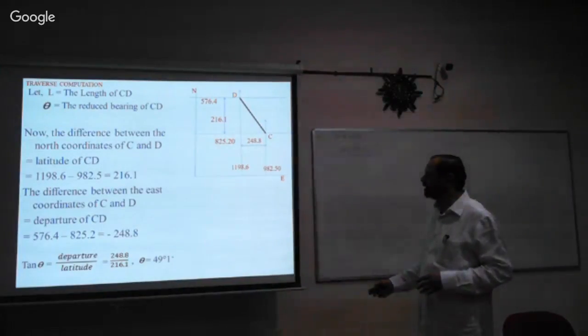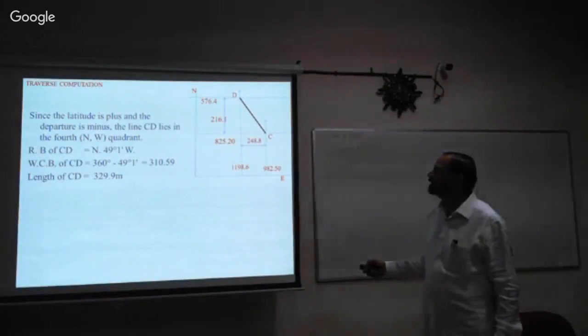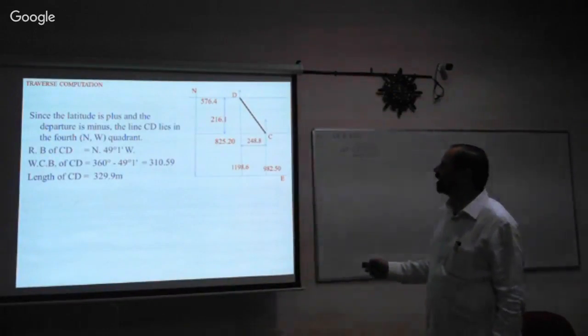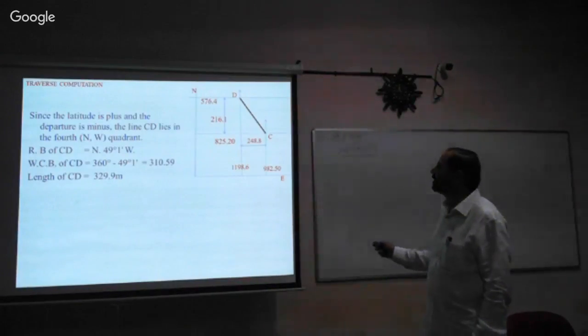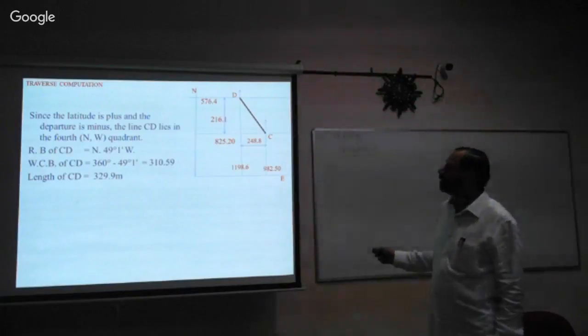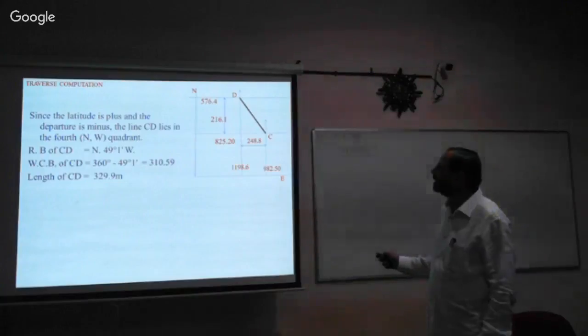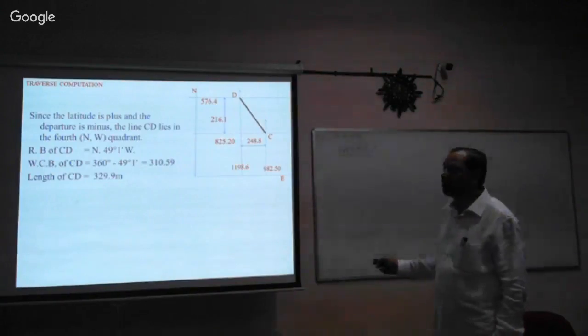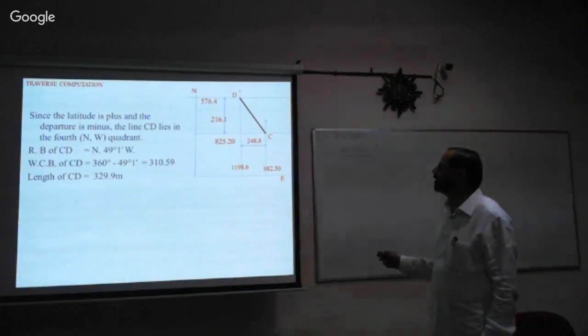This is theta, and this is how much we can calculate. Similarly, after calculating the length, from C to D the latitude is plus, measured northward, and the departure is measured westward. Therefore, this is positive and this is negative.